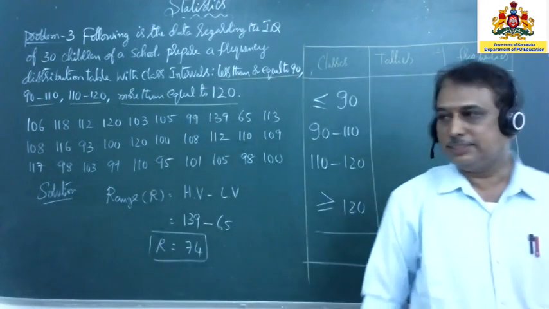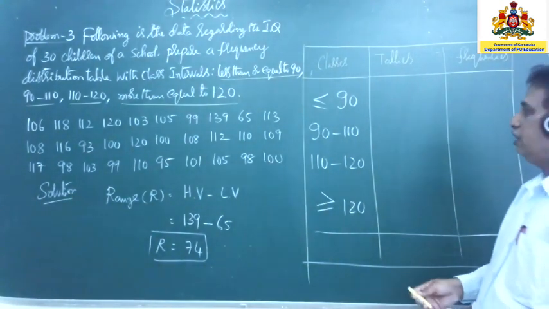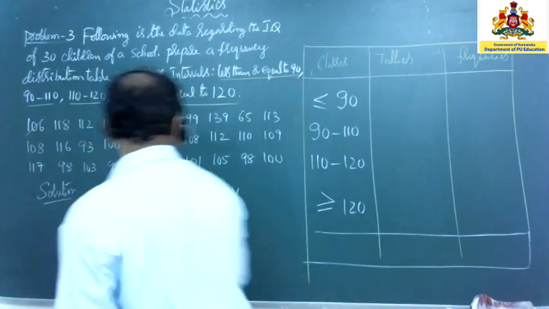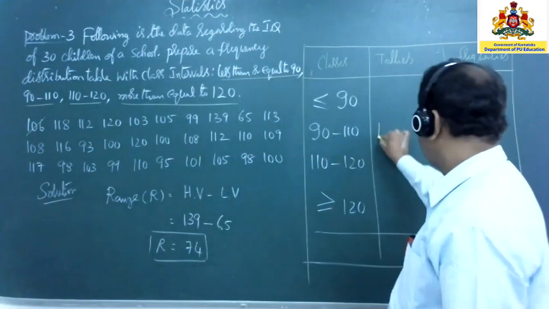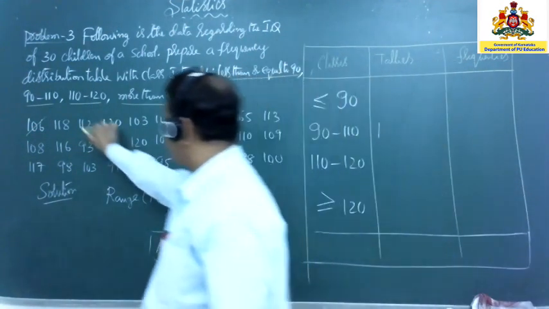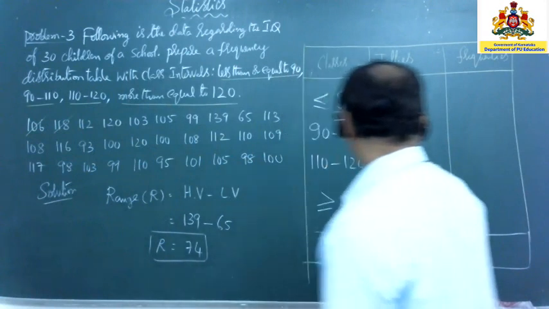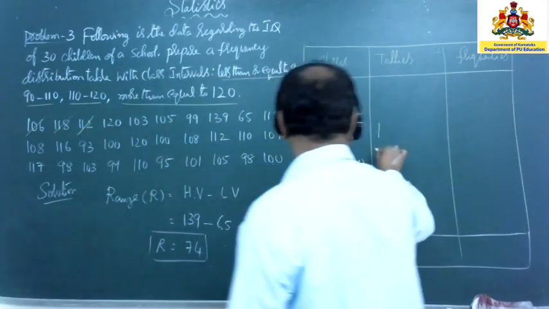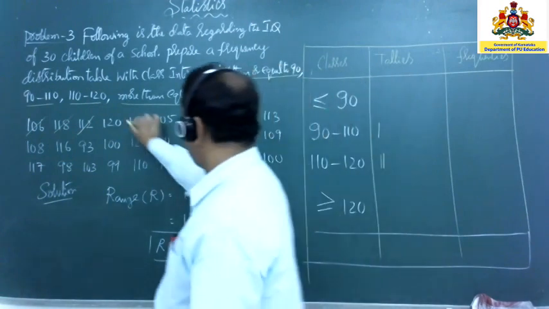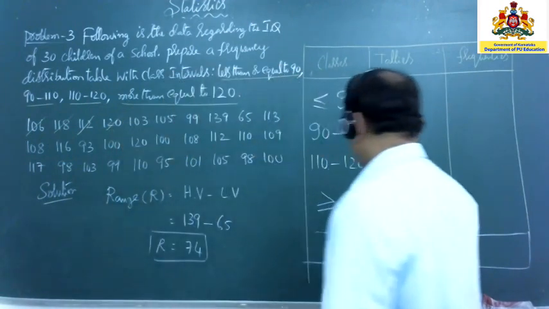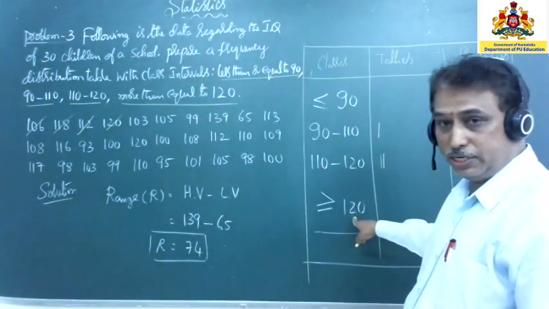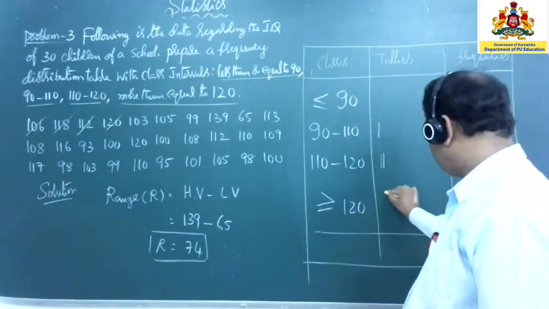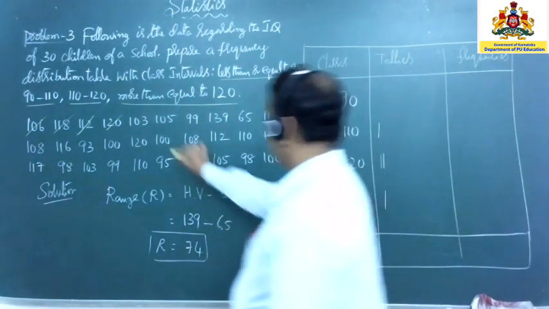Okay. Observe here. The first value 106, here. Next 118, here. 112, here. 120, more than or equal to 120, that means equal, so we have to consider 120 here. Next 103.